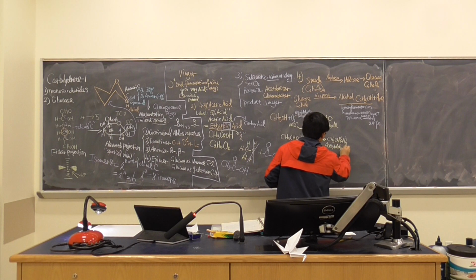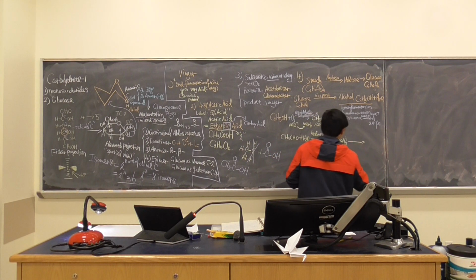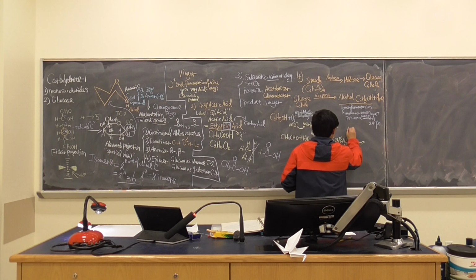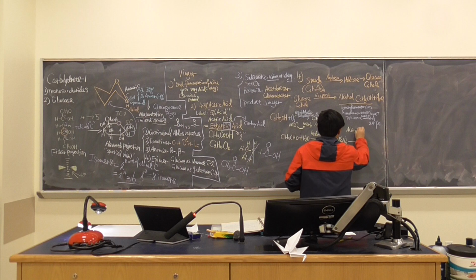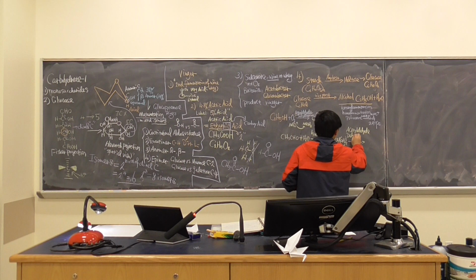Acetaldehyde hydrate. Okay, this process is almost done. So we go here. We don't need so many hydroxy groups there, because finally we only need one. So what happened here? We still need to take out a proton. The enzyme is acetaldehyde dehydrogenase.